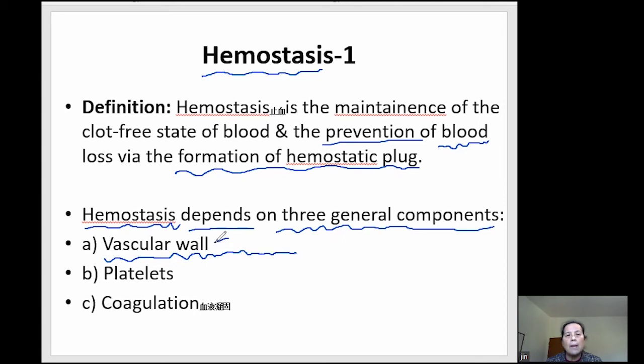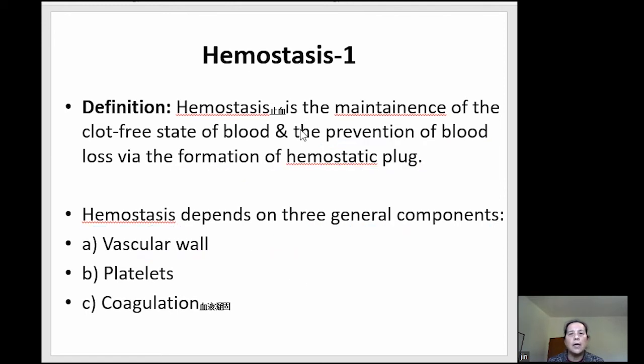But if damage happens there, your body immediately knows that bleeding is happening. Then platelets will go to the local area and form a platelet plug there. And then other proteins will come to the local area, and finally stop bleeding. So that's generally speaking.